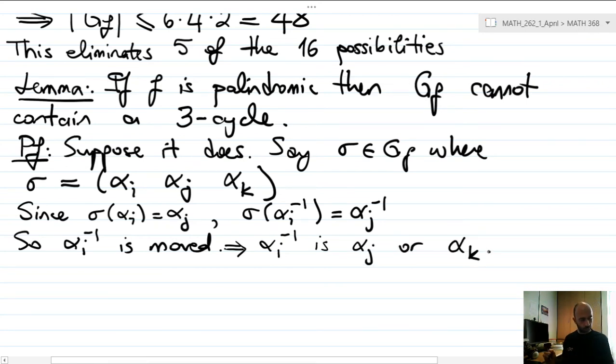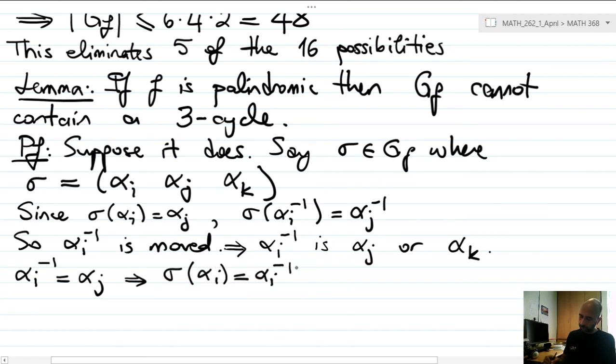But these are both quite bad, because if alpha_i inverse is equal to alpha_j, then see what happens. Sigma of alpha_i is equal to alpha_i inverse, but then sigma of alpha_i inverse should be alpha_i back, but it's not, right? Sigma of alpha_j is alpha_k, so this is different. This is a contradiction.